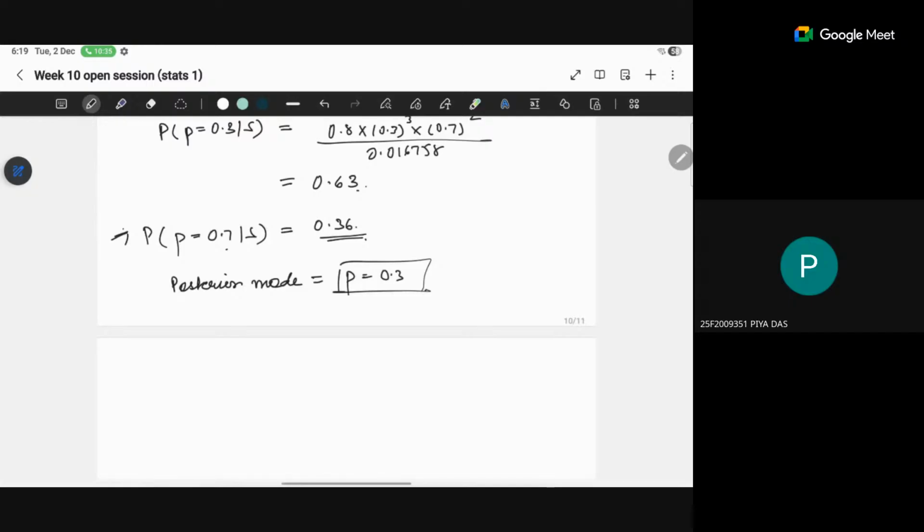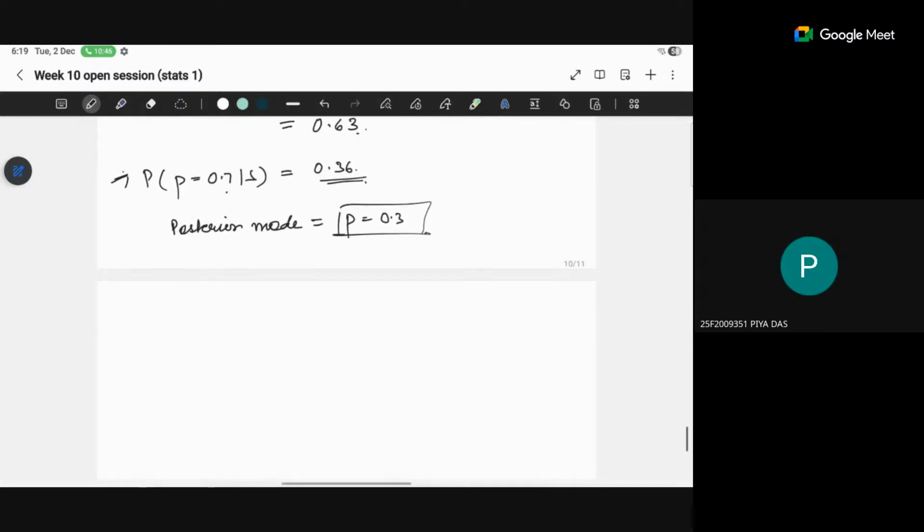Is this example clear? Yes, ma'am. Okay. What about others? Good. Now we have the posterior. Anybody asking anything?